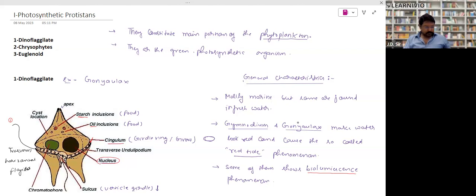Okay, sir. Go through your NCERT. You all must have your textbook with you, and then ask me. Then we will start with the fungi.